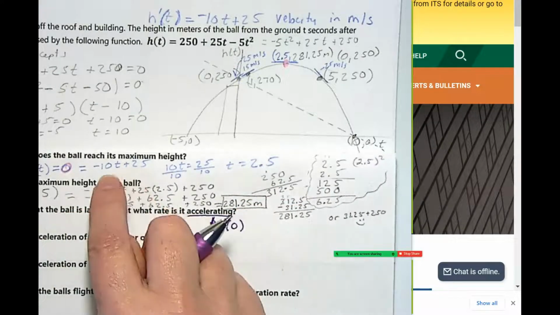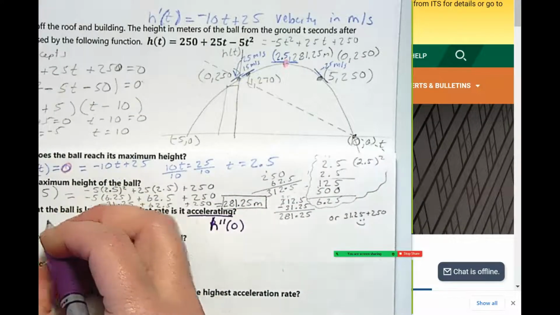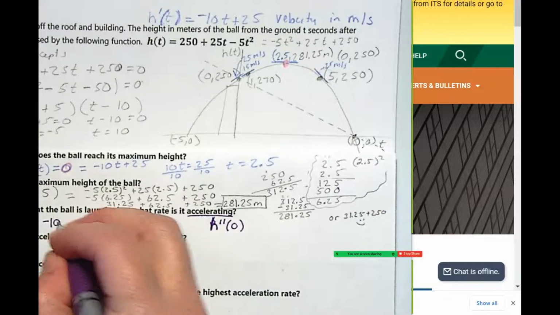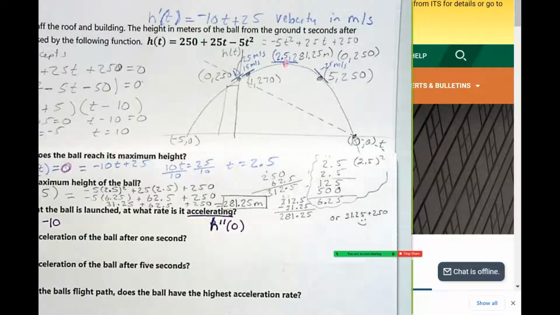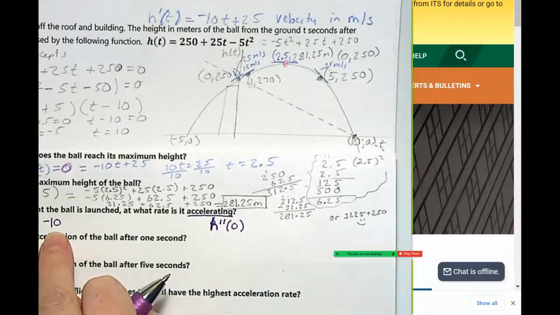Okay, so the second derivative is now just negative 10, and it feels kind of weird sometimes because there's nothing going on, but this just means that the second derivative is always negative 10. So no matter where you are, you're slowing down at a rate of 10 meters per second per second.